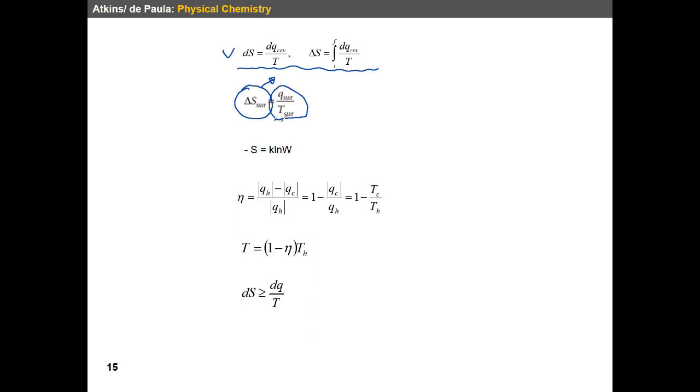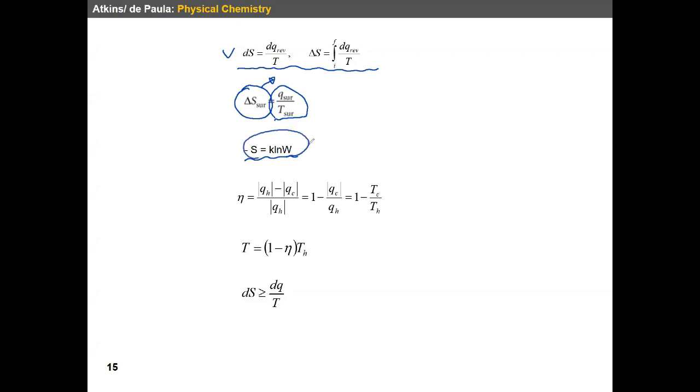We also talked about the Boltzmann formula for entropy. This can be used for the configuration of a number of molecules, or the electron configuration of some atoms. Those can be evaluated by using this Boltzmann formula.